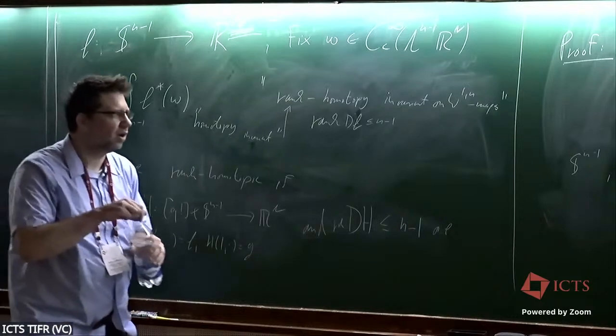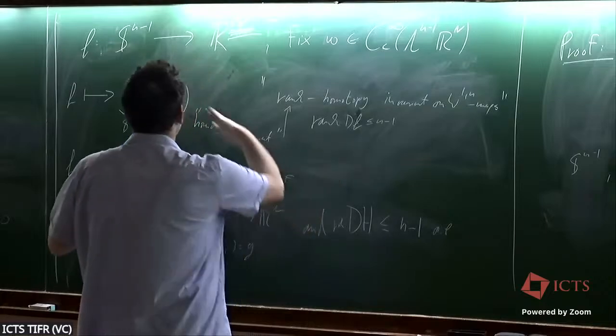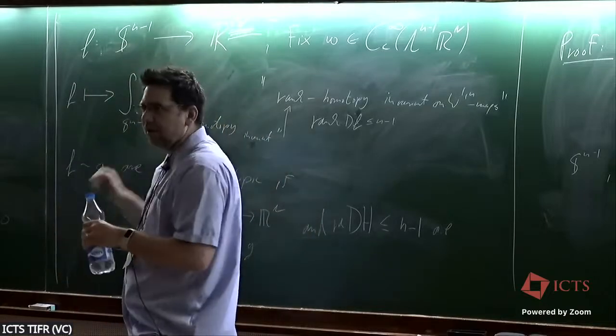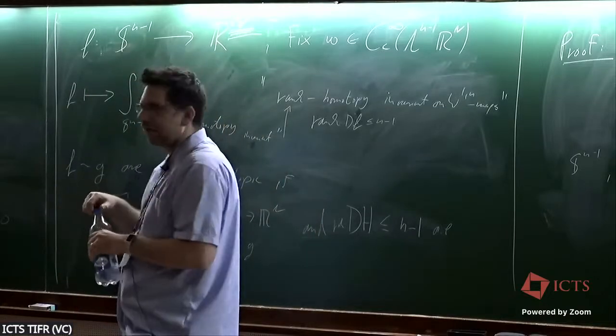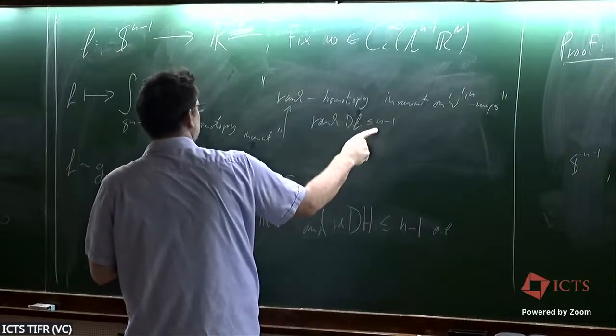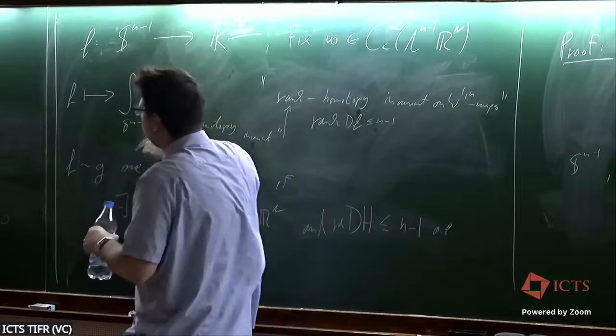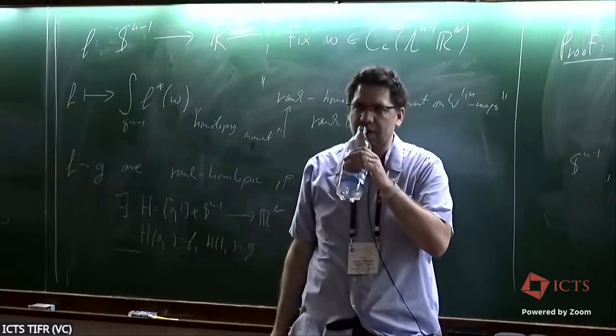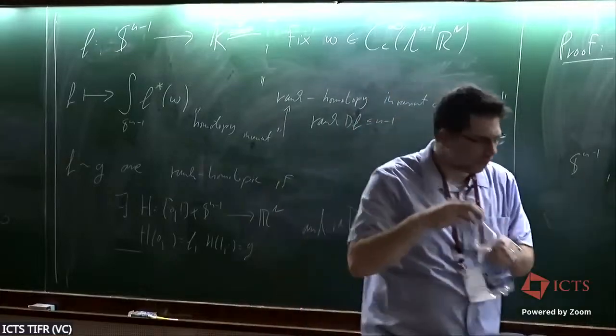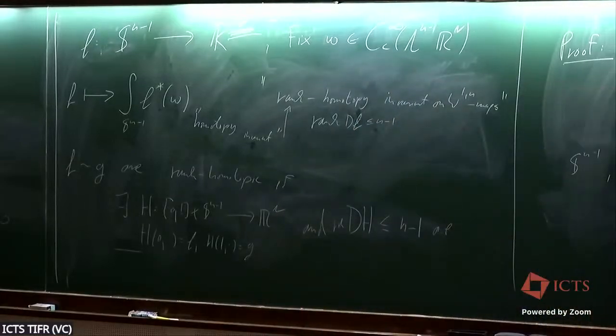Okay, good. Now you can ask, it's very specific, right? What about any other number? Can you kind of combine this rank, right? This rank here was n-1, this is n-1, can we play around with this a little bit? And we can, if we understand the homotopy groups. We don't really understand the homotopy groups, so we can do it for a few examples.